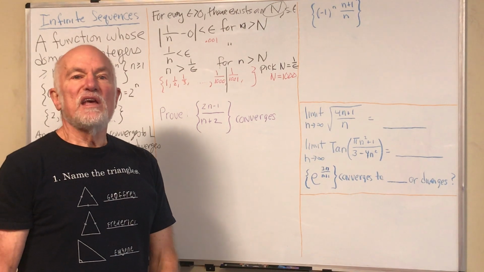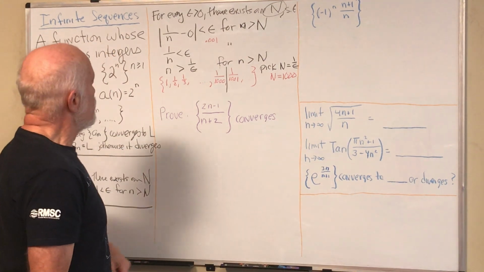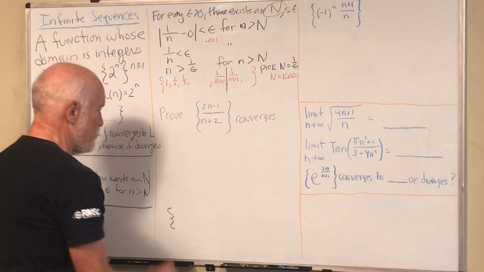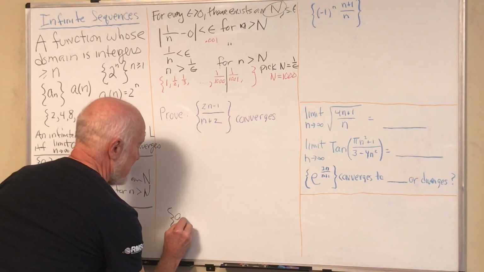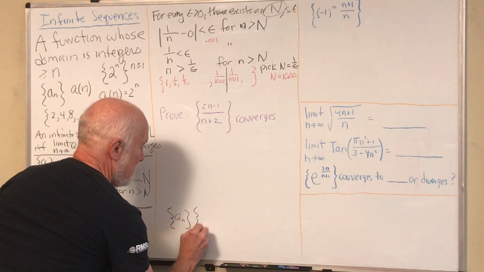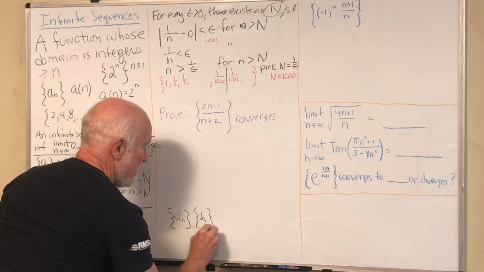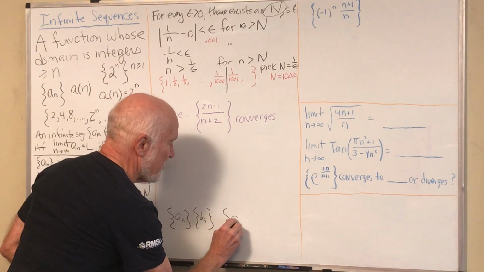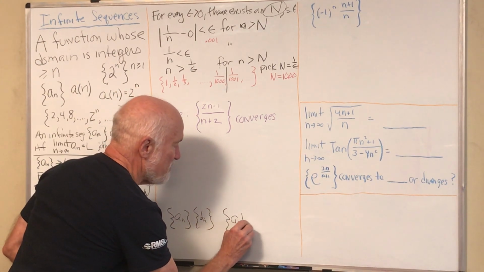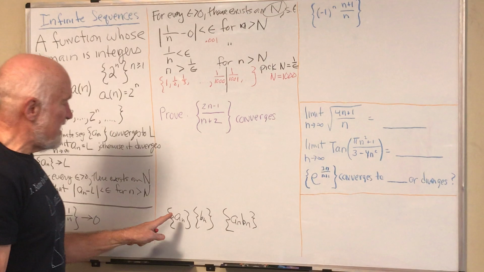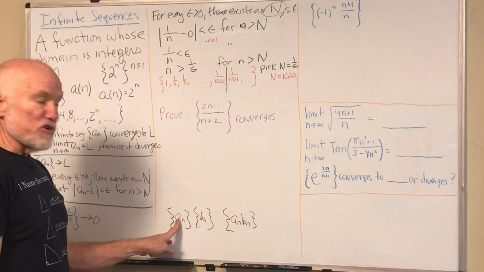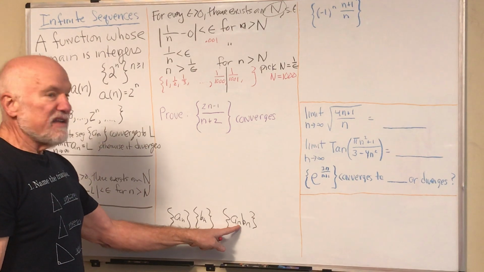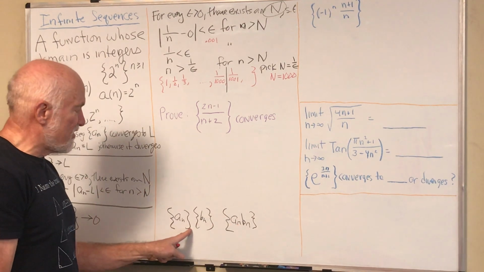In other words, say you have two different sequences, a sub n and b sub n. If you wanted to look at the sequence a sub n times b sub n, we could just see what this one converged to and what this one converged to, and then this is going to converge to this.